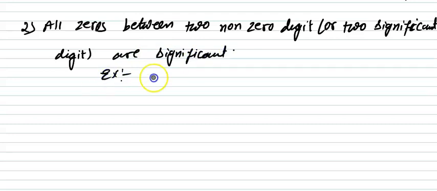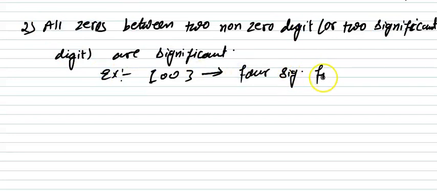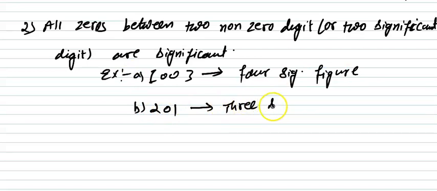For example, 1003. So here there are four significant digits, four significant figures, right? Let us take one more example. If I write 201, this 0 is between two non-zero digits, so I can write 3 significant figures, right?